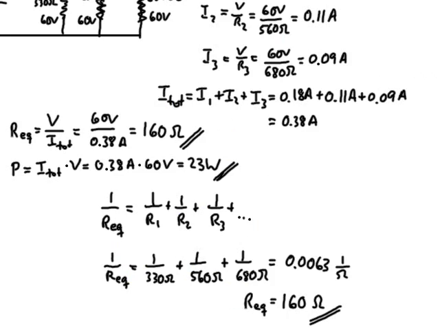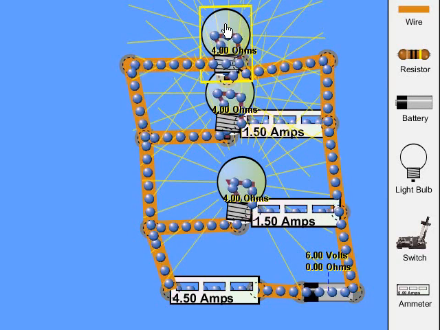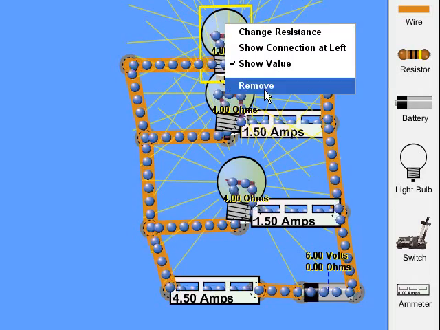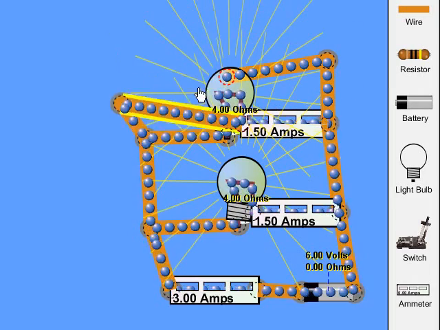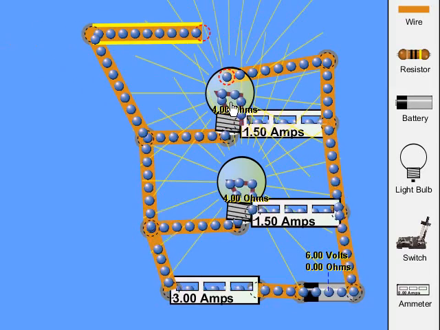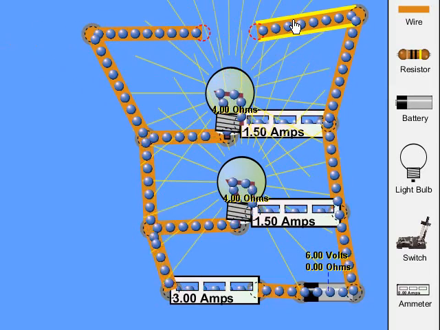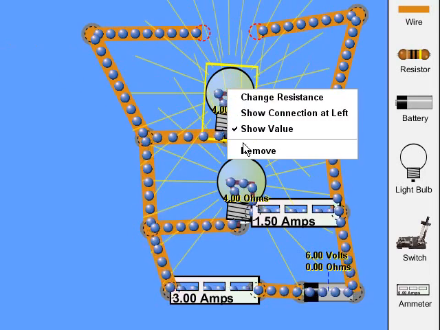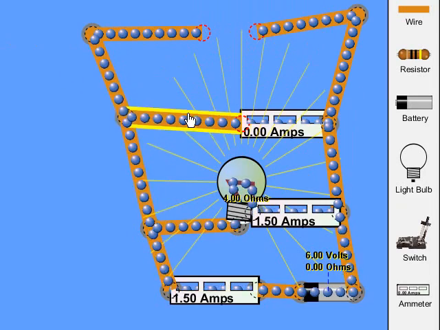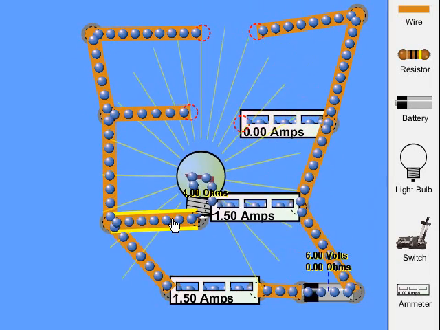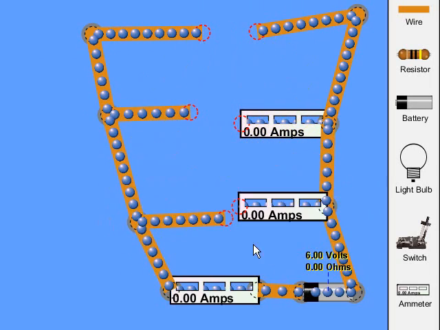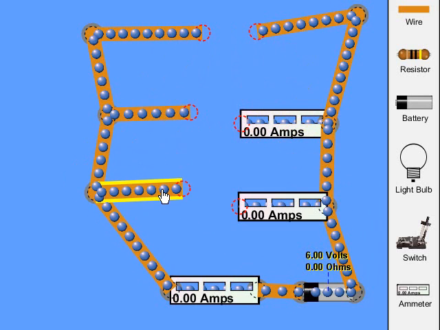Okay, let's look at the simulation. On this one here, I'm gonna remove the light bulbs. It always wants to hook up to this one here. There we go. Oh yeah, I have to remove that light bulb there first.